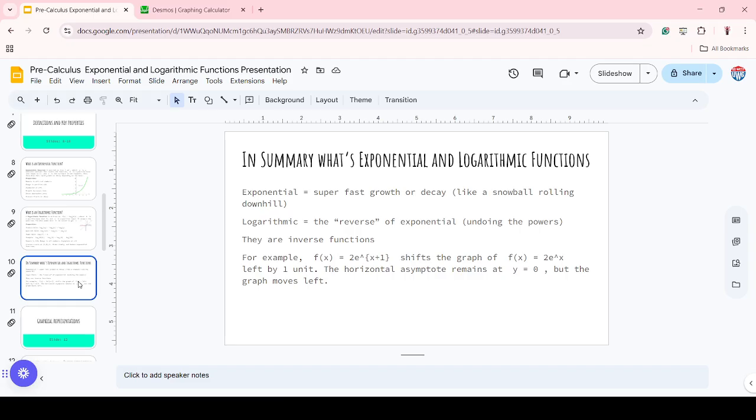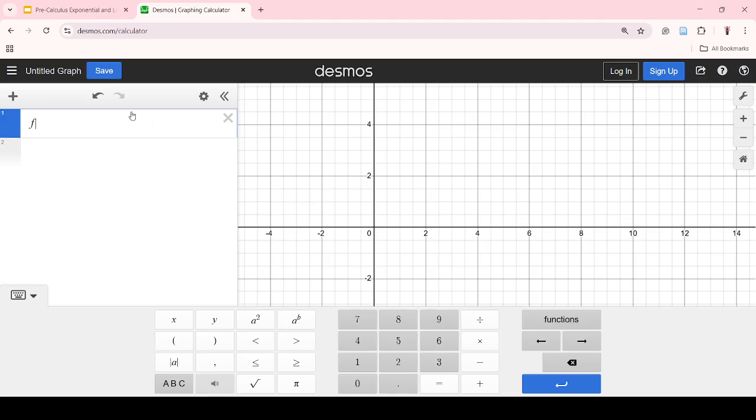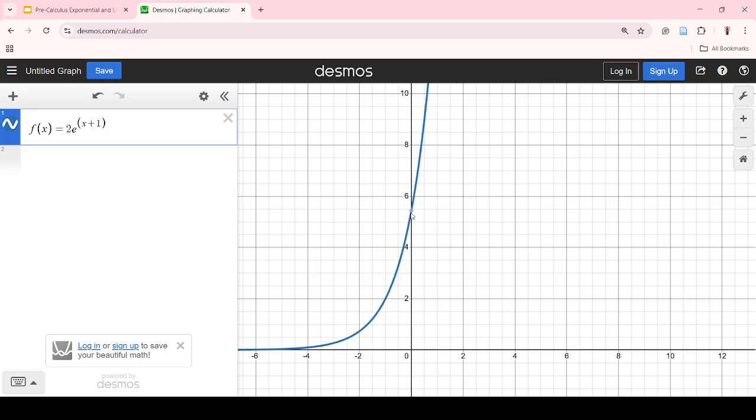So, of course, we have our example, f of x is equal to 2e to the power of x plus 1. It'll shift our graph. But let's go ahead and just graph this. f of x is equal to 2e to the power of x plus 1. This is an exponential function. Does it intersect on the y-axis? Yes, it does.